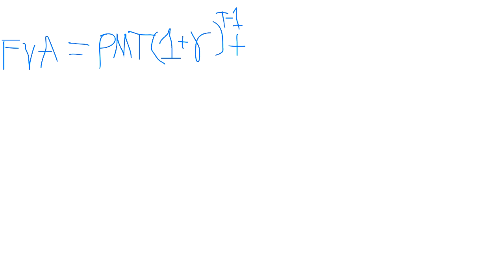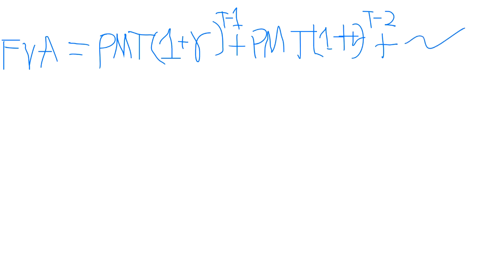And then the second deposit will earn interest, 1 plus r raised to T minus 2, right? And the third deposit will earn interest T minus 3 times, and so on.